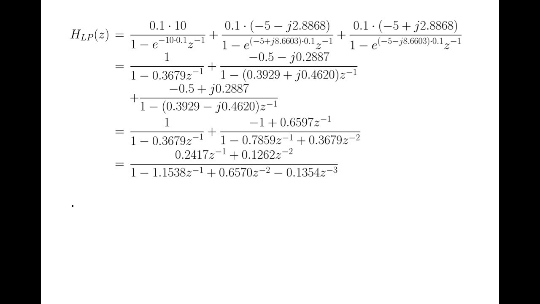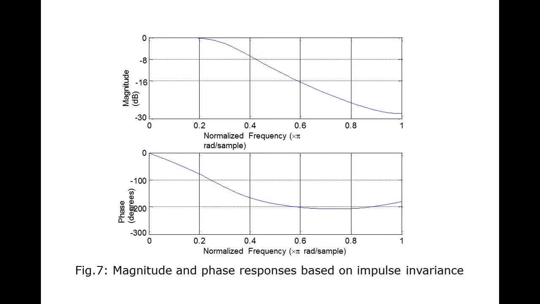In this way you will get the transfer function in the z transform. So these are the steps: first find the analog filter, and then by using a different mapping technique, it has to be converted into H(z). See this figure, which shows the magnitude and phase response using the impulse invariance technique for a low pass filter.